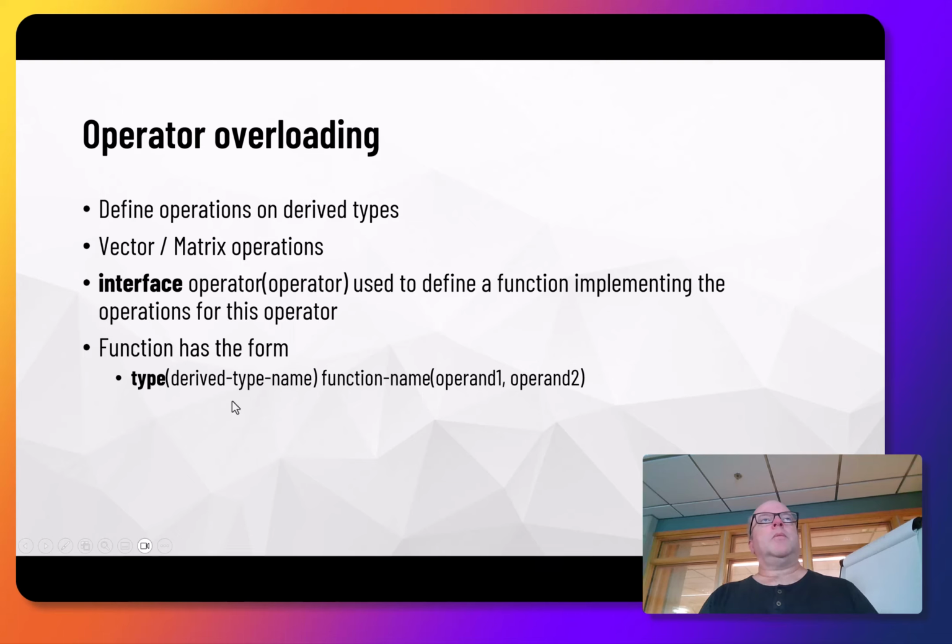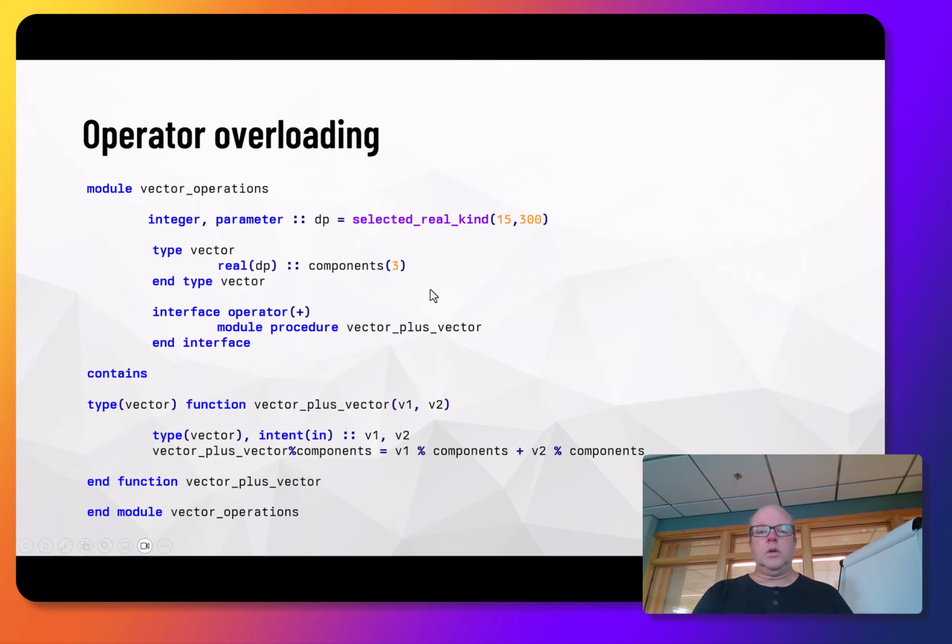So you have type, derived data type, function name, operand 1 and 2. If you want a function that implements matrix multiplication using a certain operator, you can do that. Then you give it a name that will do the operation, and then you give it in the interface declaration here. So this is how you can do it.